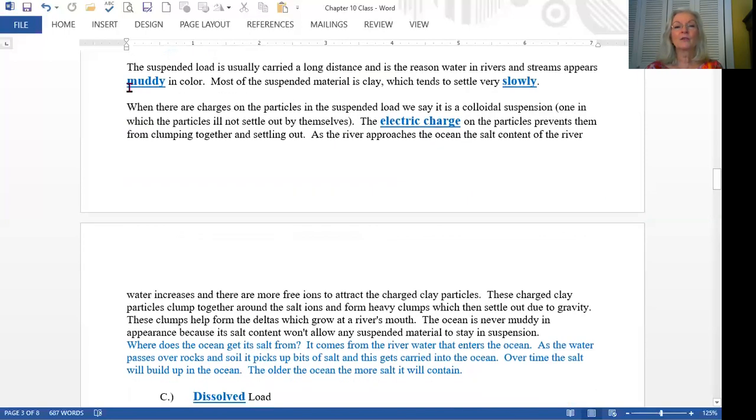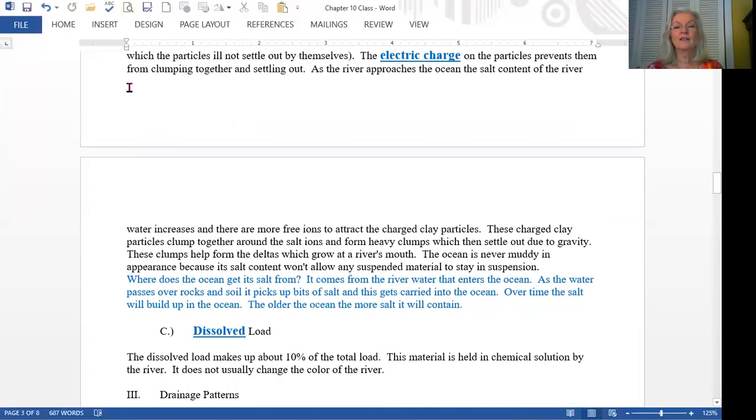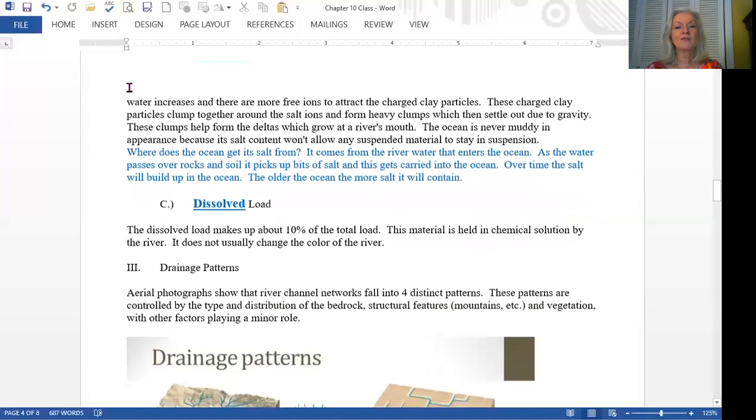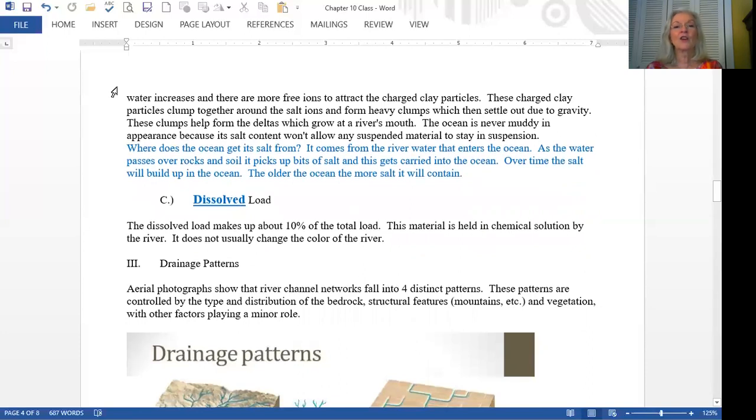Now, as a river approaches the ocean, the electric charge actually changes because of the salt ions. Salt ions are positively and negatively charged, and they will attract an oppositely charged part of the suspended load.